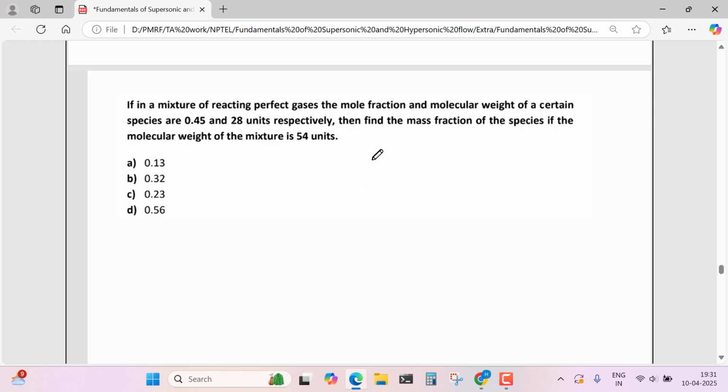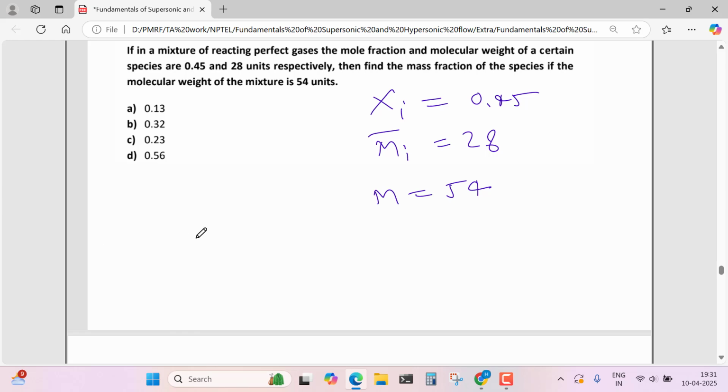So the mole fraction of one species, let's say i, is 0.45 and its molecular weight m_i bar is 28, and the molecular weight of the mixture is 54. We have to find the mass fraction of the species, denoted by, let's say, c_i.